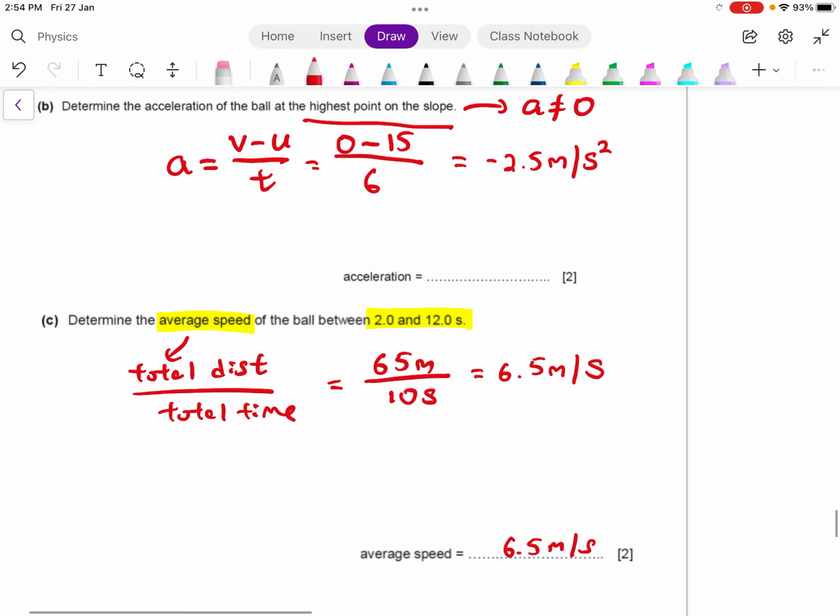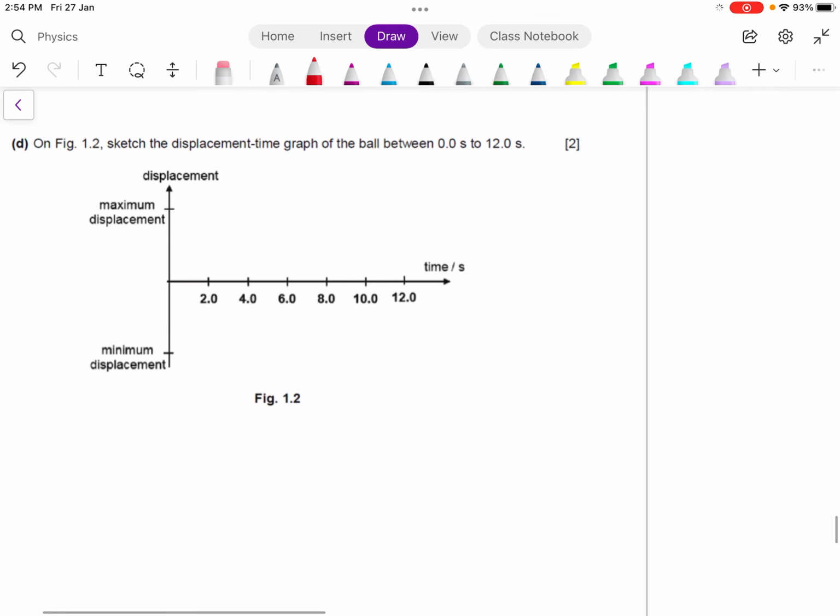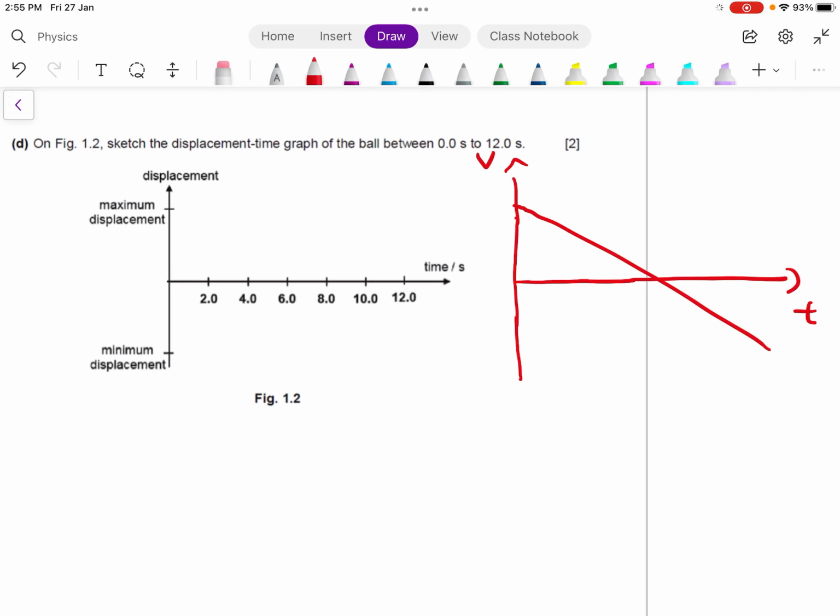Now let's move on to the last part of the question, where we need to sketch a displacement-time graph between 0 to 12. Let's say I sketch the velocity-time graph at the side. It is a downward sloping line.